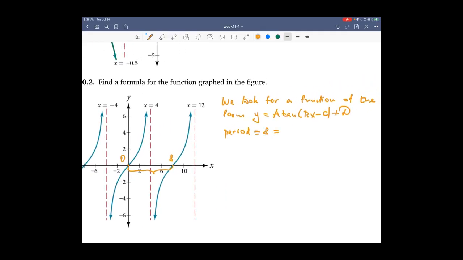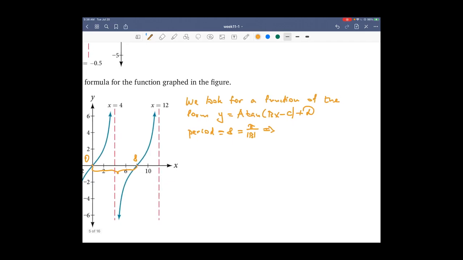On the other hand, we know that the period is pi over the coefficient b, which is responsible for horizontal compressions and stretches. So b by absolute value is pi over 8.